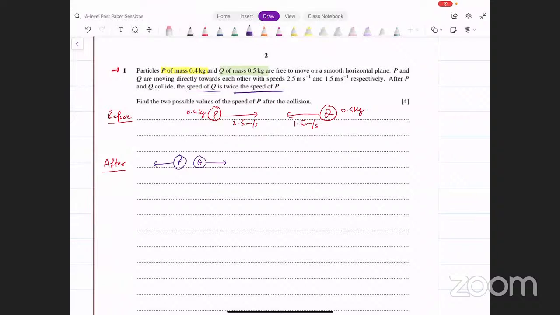What is the momentum of the particle P? Mass into velocity, that's 0.4 into 2.5.